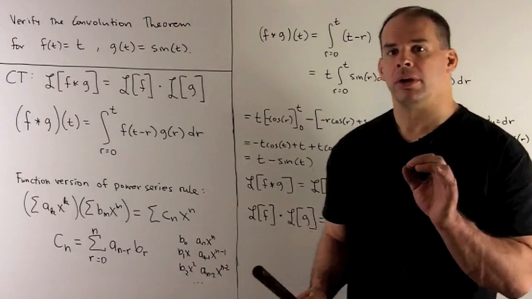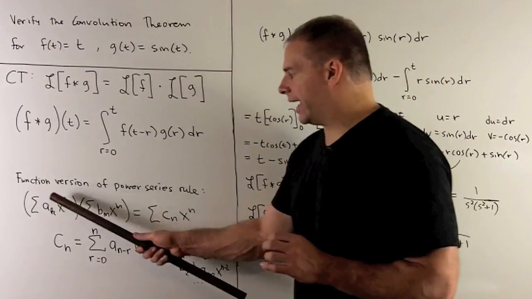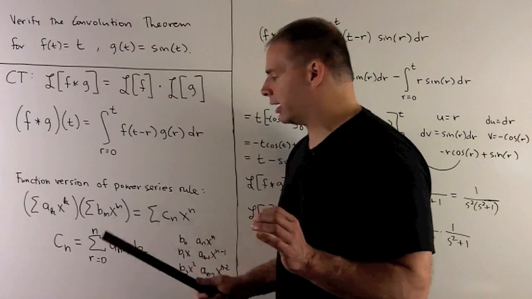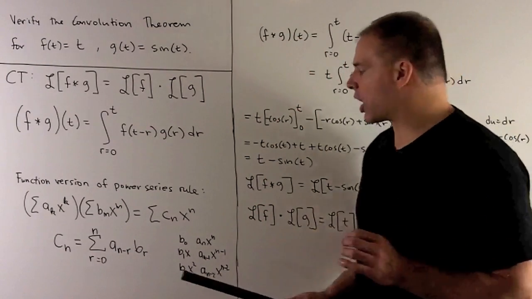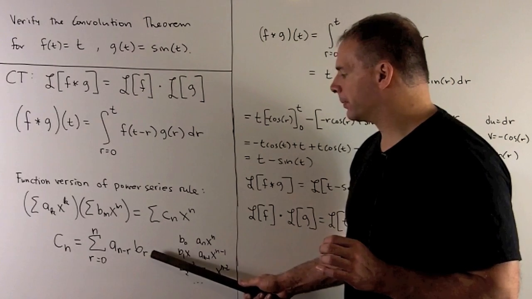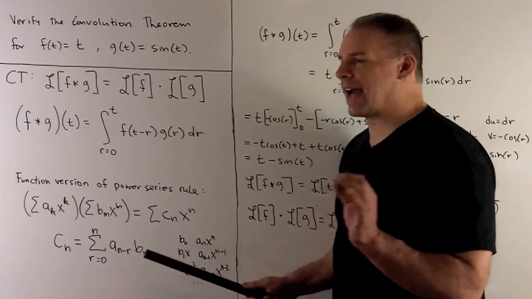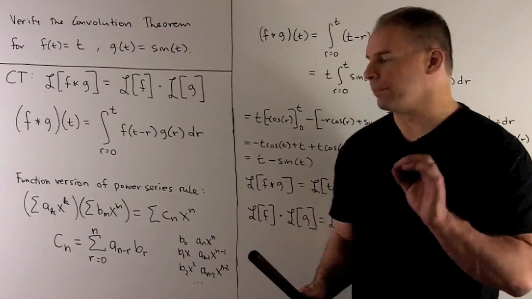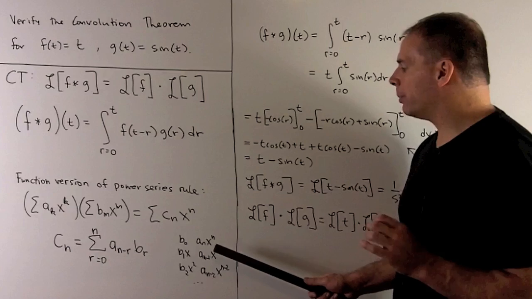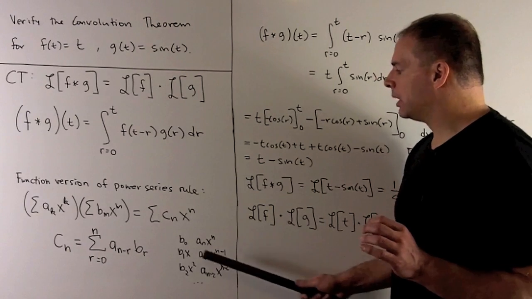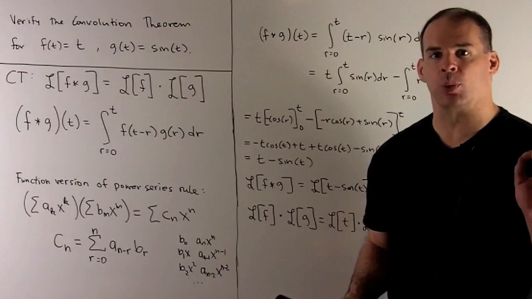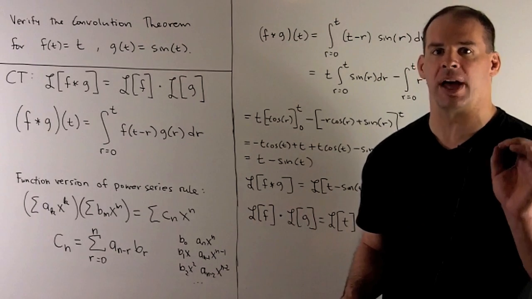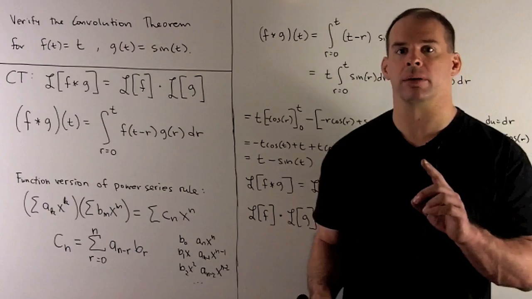The rule is c sub n equals the sum as r goes from 0 to n of a sub n minus r times b sub r. We're just lining up the powers so that whenever we multiply, we get the exponent n out. For instance, b0 times a sub n x to the n, b1 x times a sub n minus 1 x to the n minus 1, b2 x squared times a sub n minus 2 x to the n minus 2, and so on.